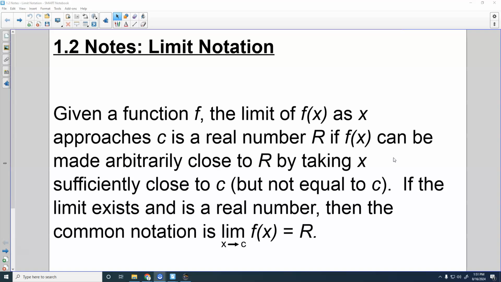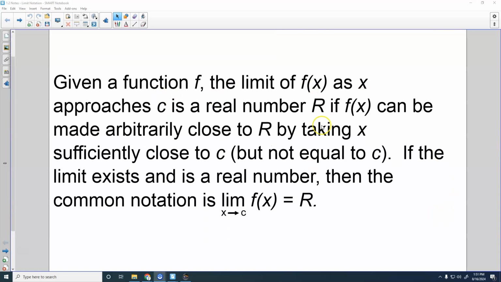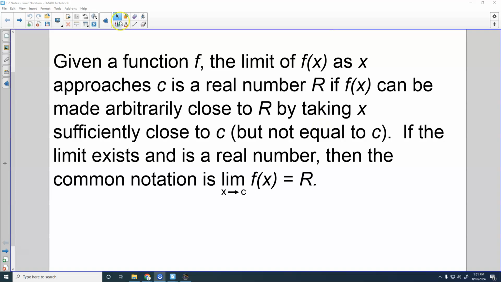Let's walk through this, and you have a little taste of what limits mean, so we're going to go through this definition here. So the limit of f of x, and I think I'll draw a picture for this. That helps me sort of picture what's going on here.